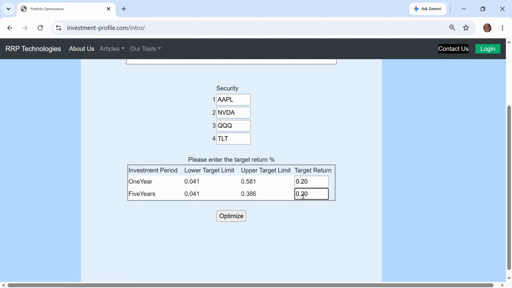So to have that behavior every year for 5 years is more difficult than it is here. And when I say more difficult, I mean the optimizer will have to put more weight, more cash into riskier stocks. And we'll see that in just a minute. So I'm going to now click on Optimize.